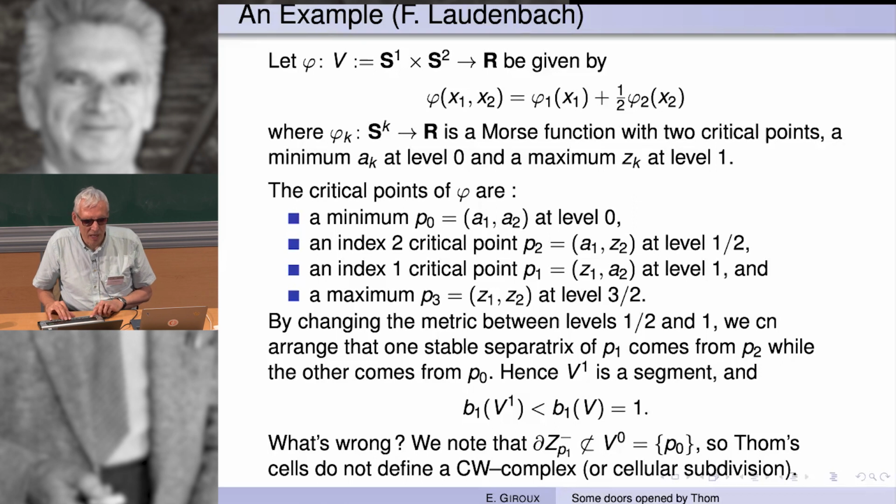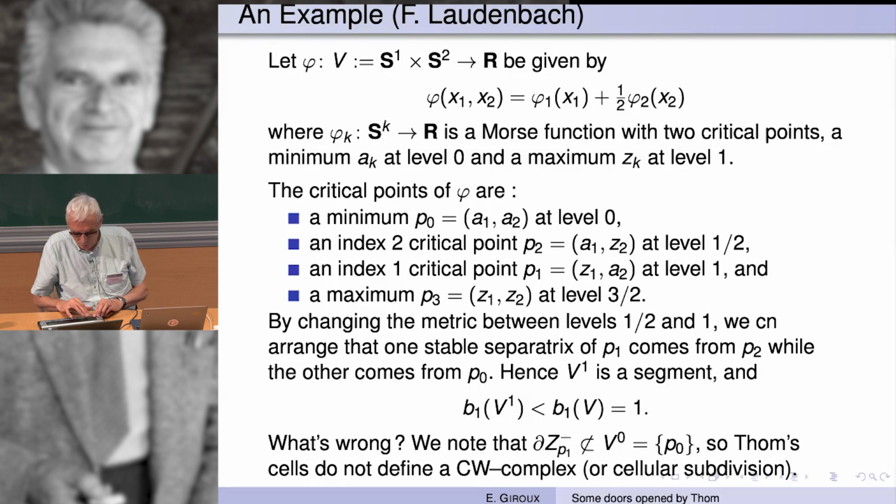And the observation is that you see the critical point of index 1 is above the critical point of index 2. So if you slightly change the metric, you can arrange that one of the stable separatrices of the critical point of index 1 comes from the critical point of index 2. And because of that, the 1-cells form a segment.